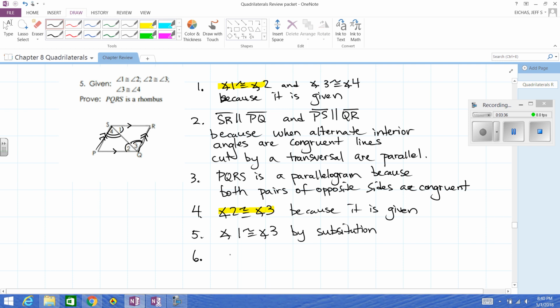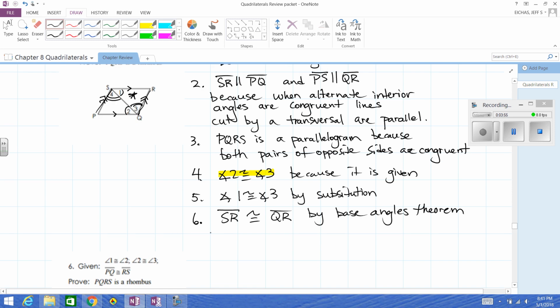All right. Now that gives us, I am going to shortcut this, SR is congruent to QR, and that's by base angles theorem. Right, this is an isosceles triangle now because it's got two angles the same.